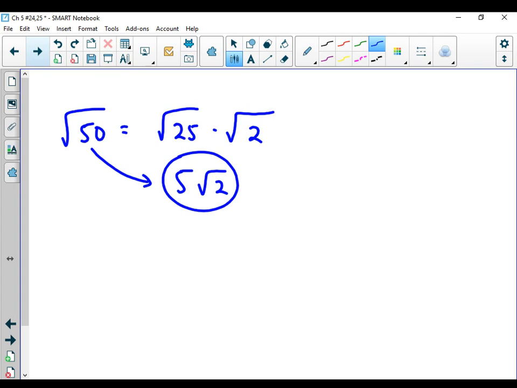You may run into instances where you can't divide it by two.